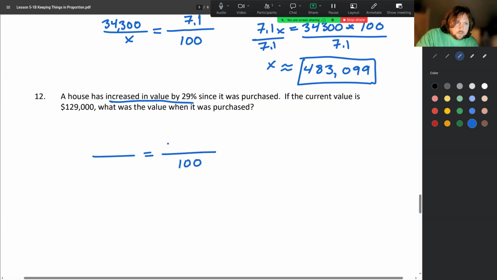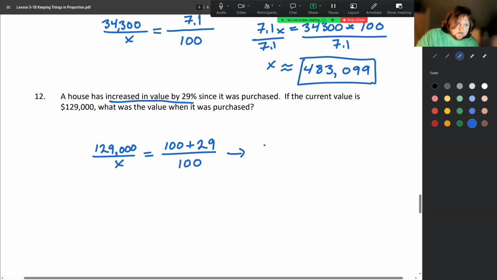Now, if it's increased by 29%, that's going to be 100% plus 29%. Okay. Current value, that's the value now. So that's the one that has been increased by the 29%. So that 129,000 should be across from the 100 plus 29. And then what we're trying to find is what it was in the past.